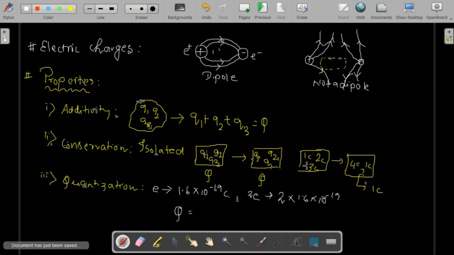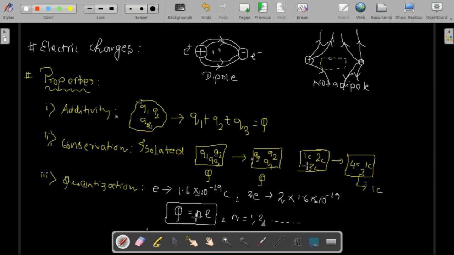Q is equal to the total number of charges into the charge of each electron, and that's the idea behind quantization, because the charge of an isolated system is more or less fixed. So n can be 1, 2, and so on. If we take n equal to 1, 2, and so on, and multiply it with the charge, we get the quantization of charge concept. This is again important. We are going to get a lot of numericals based on this.